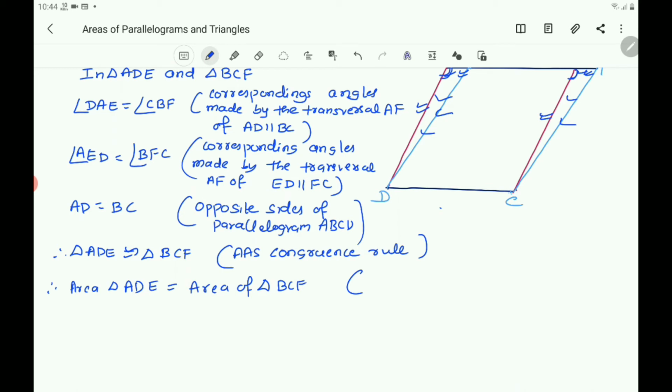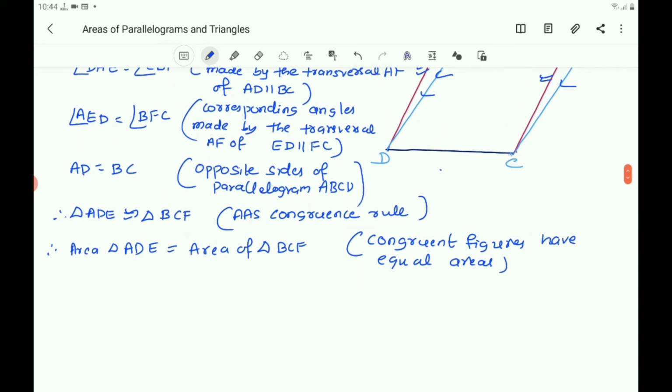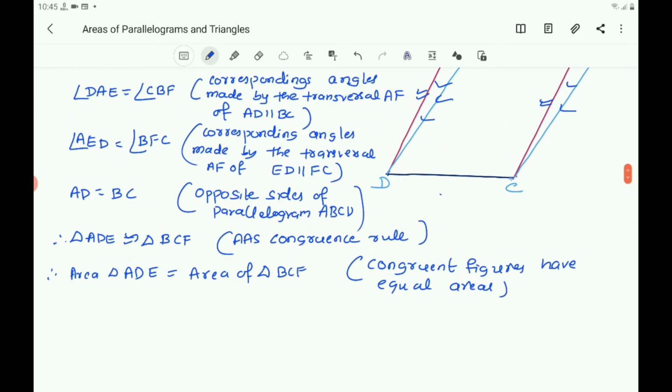Congruent figures have equal areas. If two triangles are congruent, their areas are equal. If two figures are congruent, their areas are equal. Therefore, you got that area of triangle ADE equals area of triangle BCF.